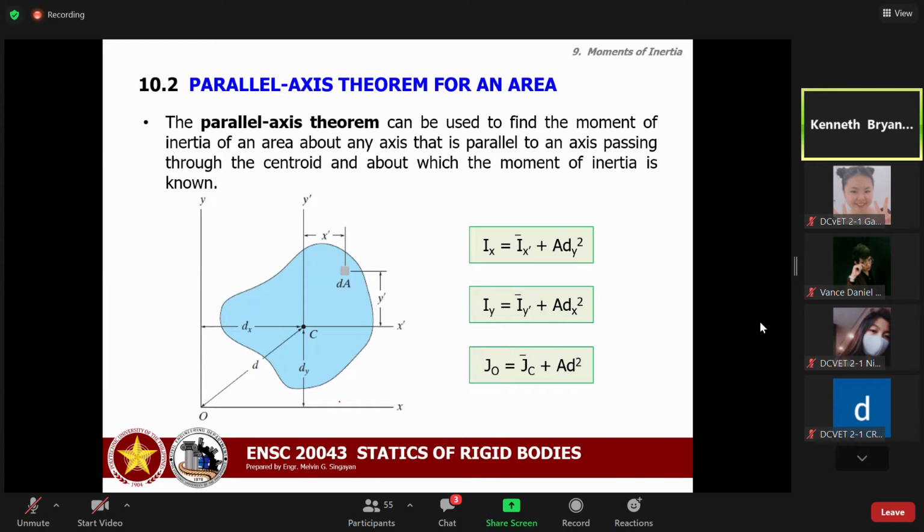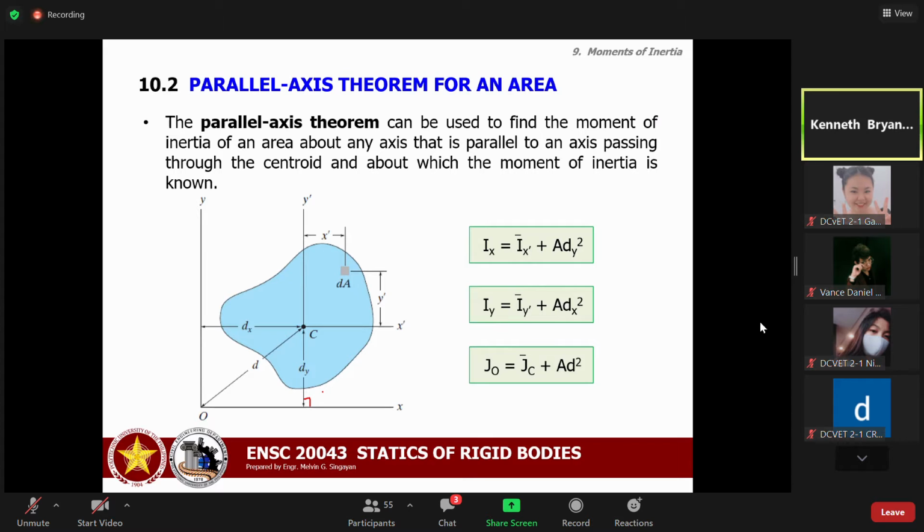If this is the reference axis and this is the parallel axis, the perpendicular distance between them is dy. For easier understanding, dy is the perpendicular distance of the centroid of the area to the reference axis where you are getting the value of moment of inertia. So that is dy.